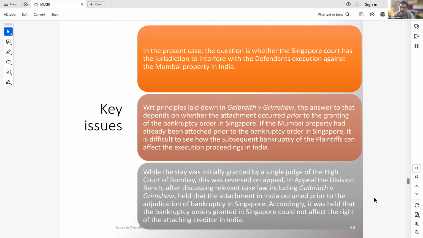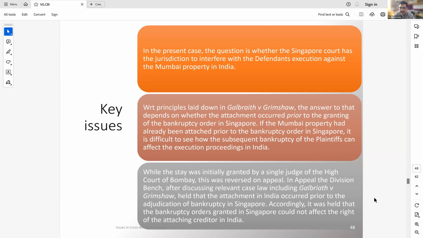But later on in appeal, the division bench of the Bombay High Court did not agree, and instead the decision was given on the ground of whether the date of admitting the insolvency application in Singapore is prior to or subsequent to the execution proceeding in India.